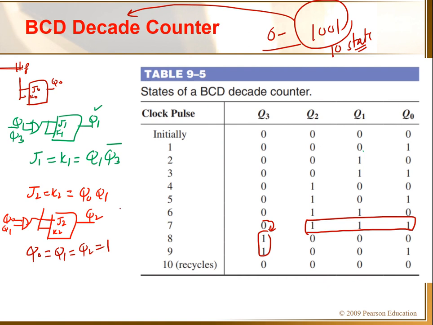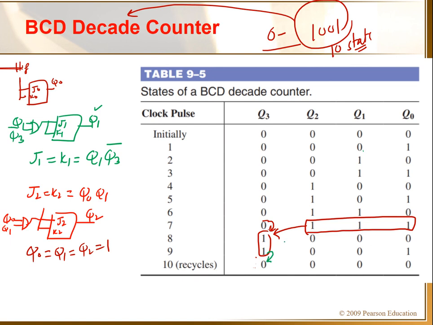This is the first case. And for the second case, it's changing its state from 0 to 1. Because it's a decade counter, we have to reset after this condition, and here it is changing its state from 1 to 0.